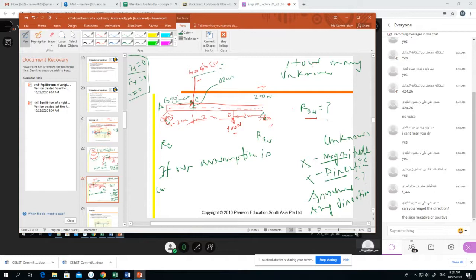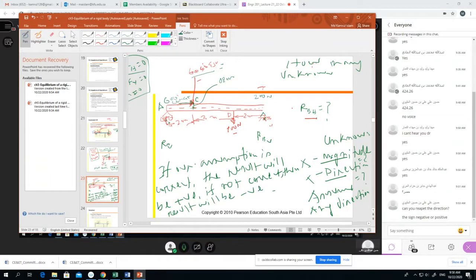If our assumption is correct, the result will be positive. If not correct, then the result will be negative, right?